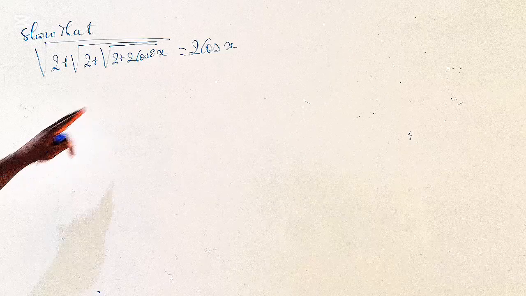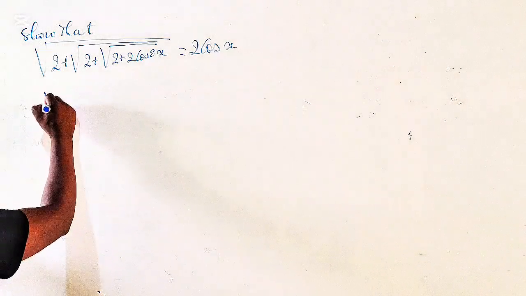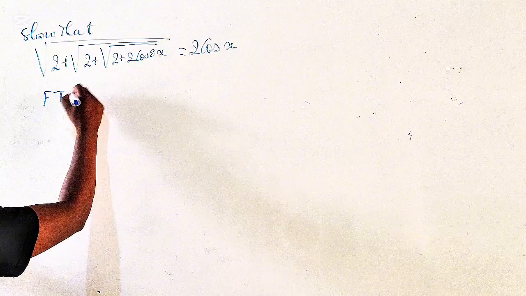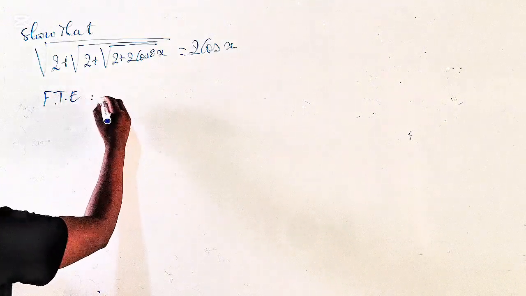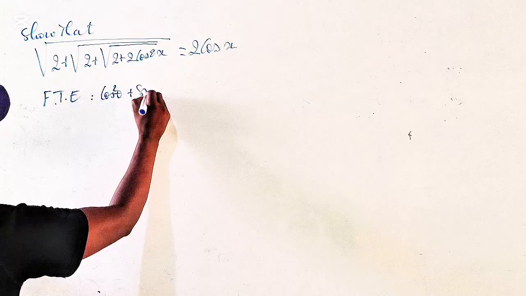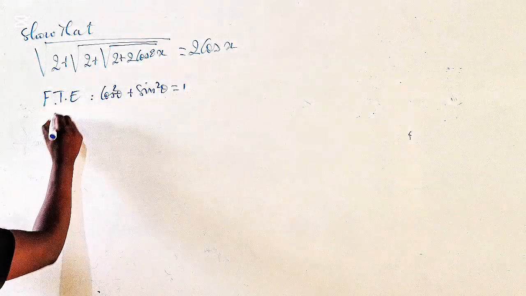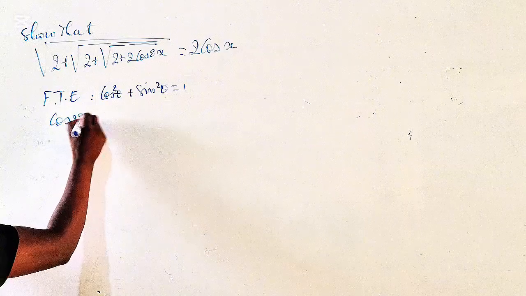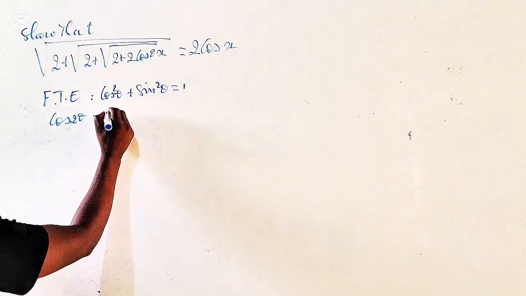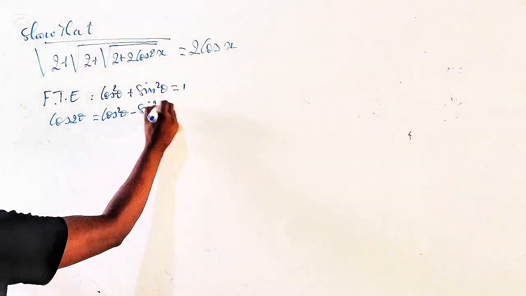Okay, to do this, let's start from the fundamental trigonometric equation, which is cosine squared theta plus sine squared theta, which is 1. And we know that cosine 2 theta is equal to cosine squared theta minus sine squared theta.